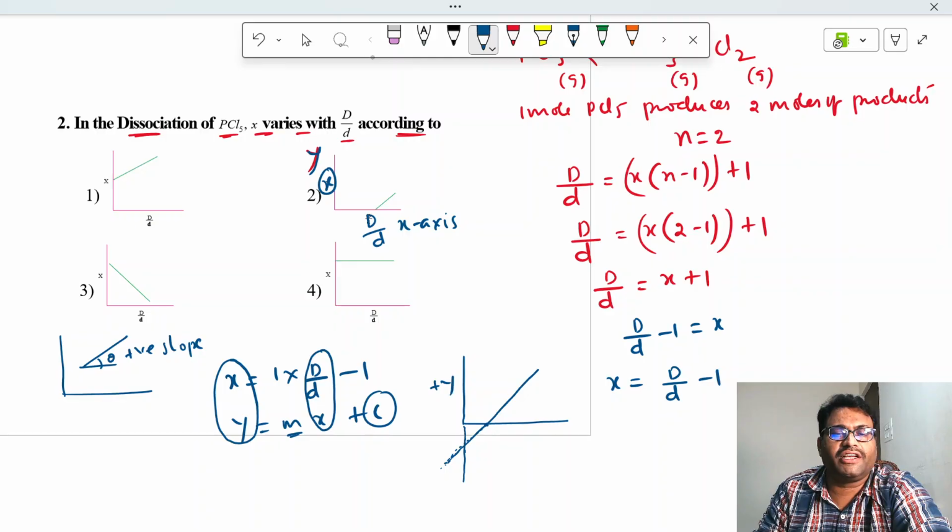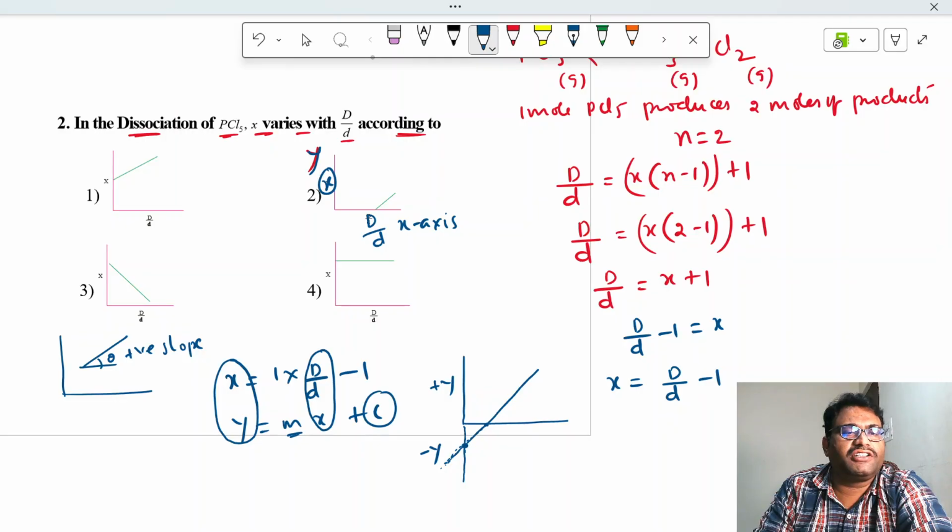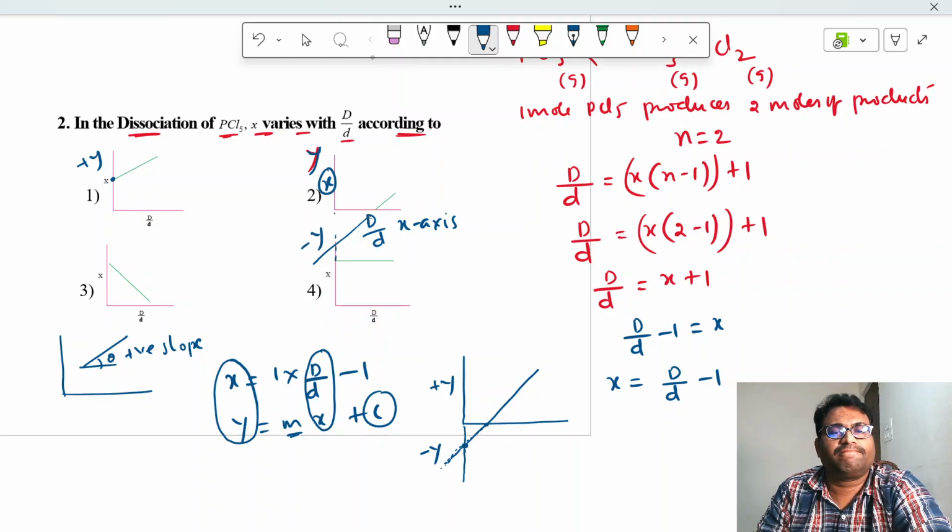This is the positive y-axis and this is the negative y-axis. The other graph already intersects on the positive y-axis, but here if you extend it, it will intersect on the negative y-axis. So the answer will be the second option. Understood?